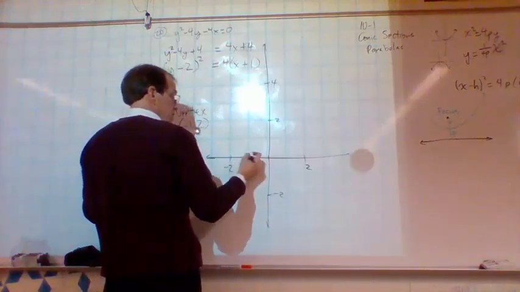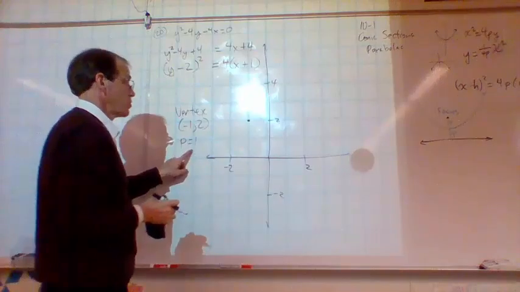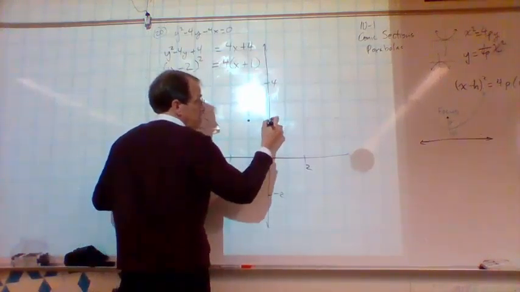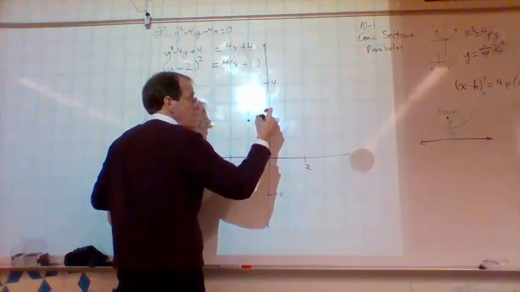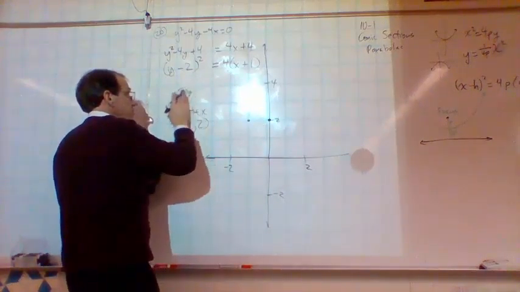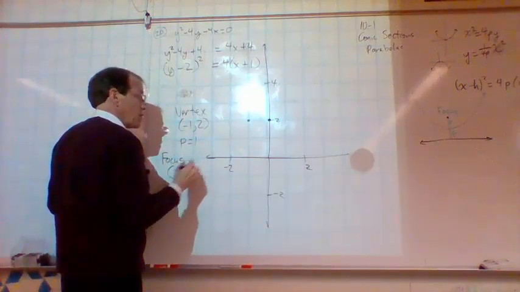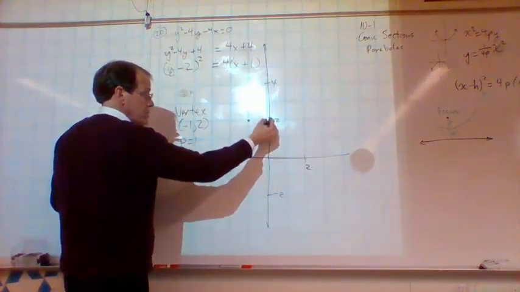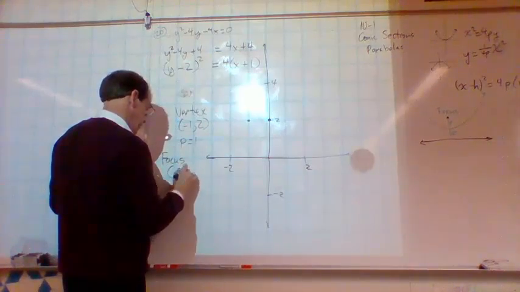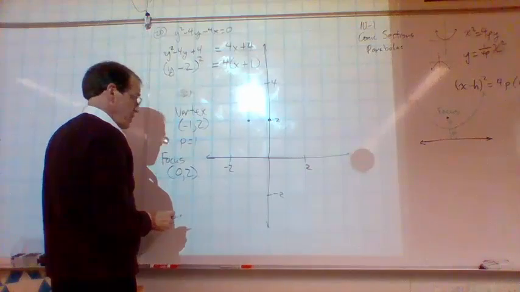My vertex is at -1, 2, and I know my focus has to be 1 unit away from that. It's going to be right here on the y-axis. So my vertex is at, not my vertex, my focus is at 0, 2. And my directrix is 1 unit the other direction.